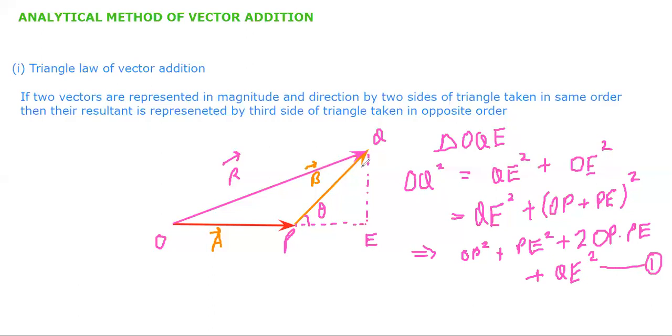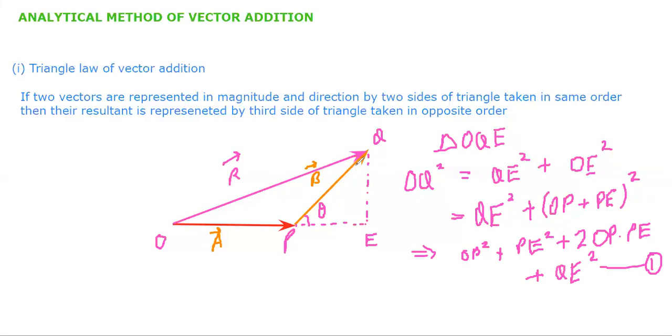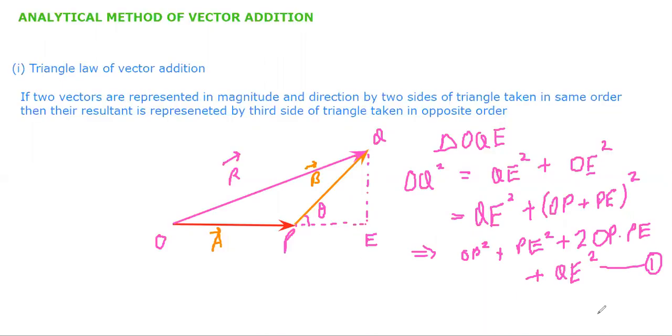See, there is one more right triangle over here, that is QPE, or you can say PQE. So I'm using the next triangle, triangle QPE. If you use Pythagoras theorem here, PQ square is equal to PE square plus QE square.